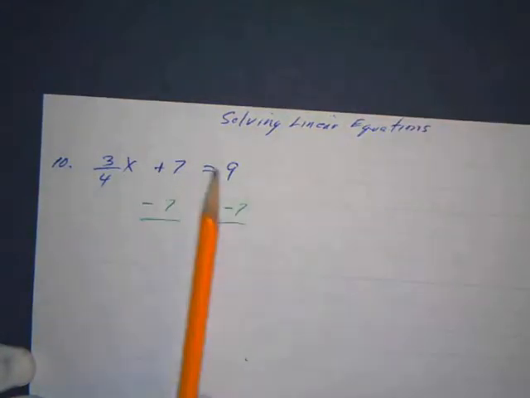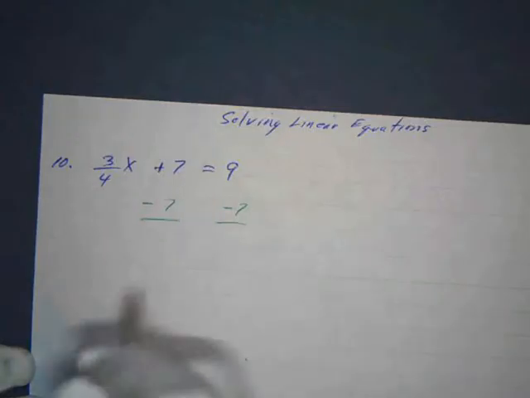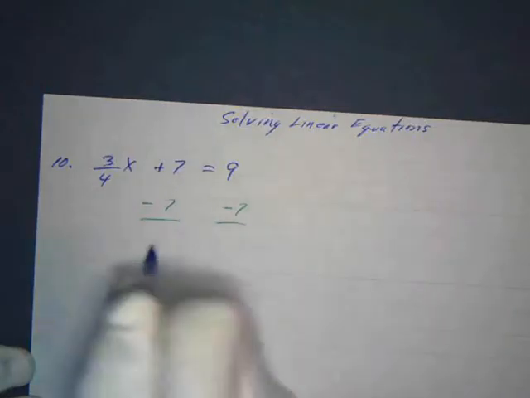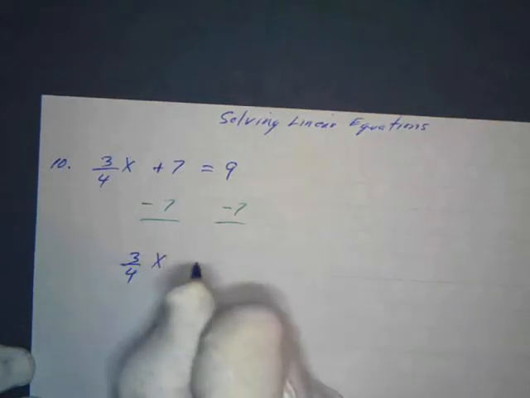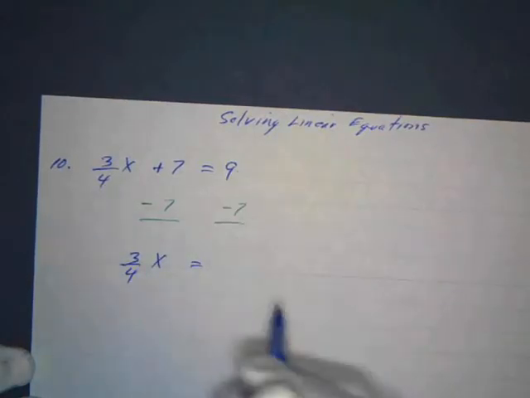And again, remember what you do to the left, you must do to the right. And now I have 3/4 x, and that equals 9 minus 7, which is 2.